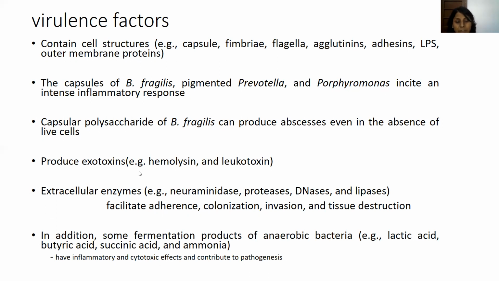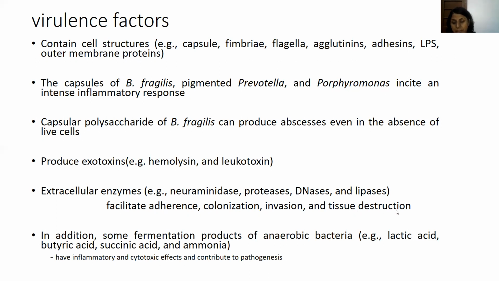Some of these bacteria produce exotoxins like hemolysin and leukotoxin, and some also produce extracellular enzymes like neuraminidase, proteases, DNase, and lipases, which facilitate adherence, colonization, invasion, and tissue destruction.